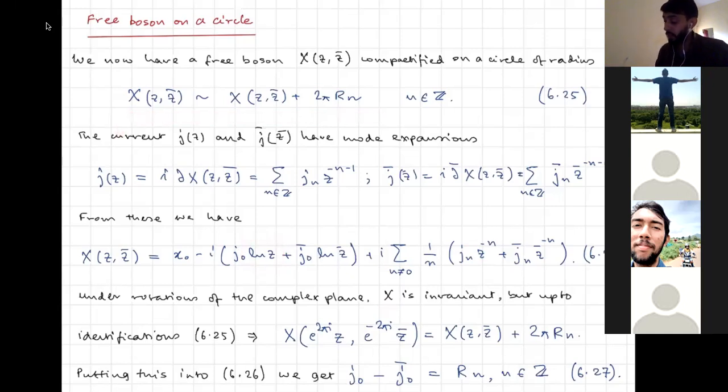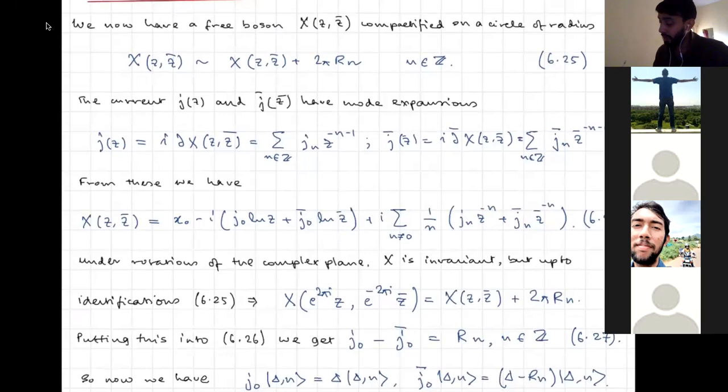So z going to e to the 2 pi i z. If you do that, then X should go to itself up to this extra 2 pi Rn piece.